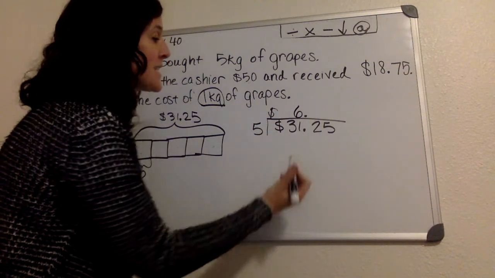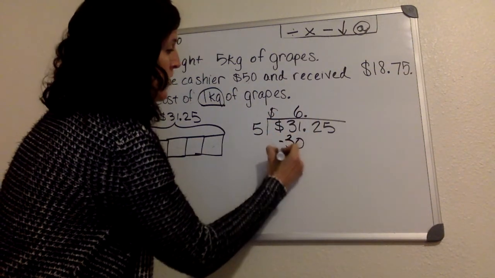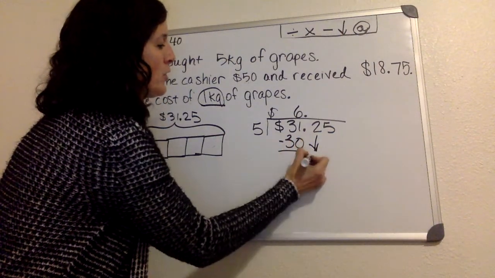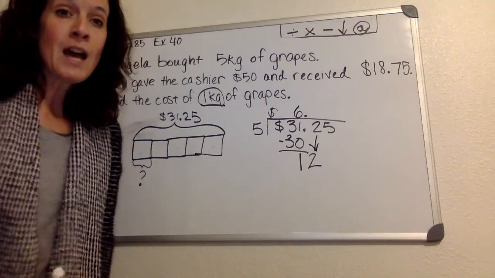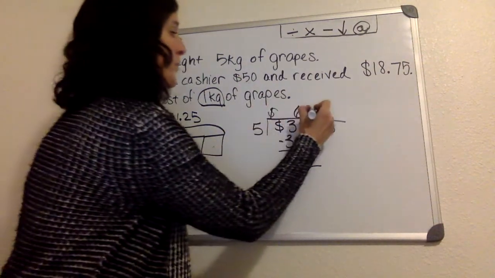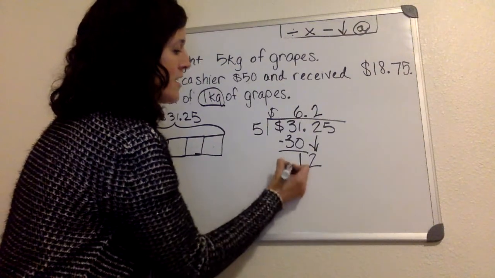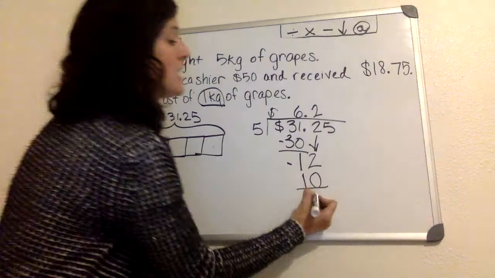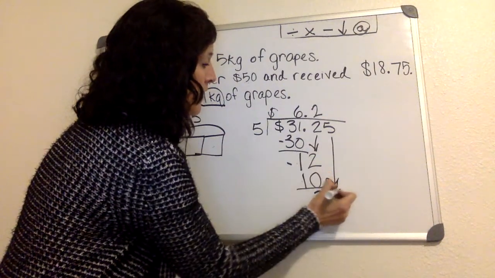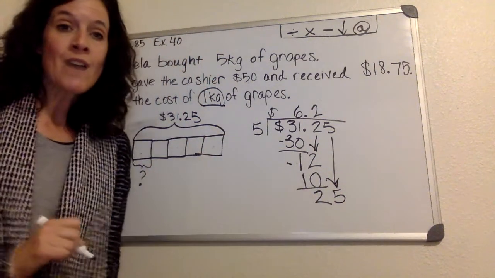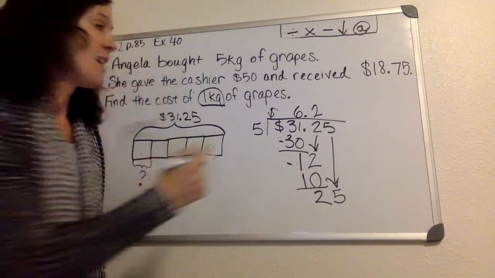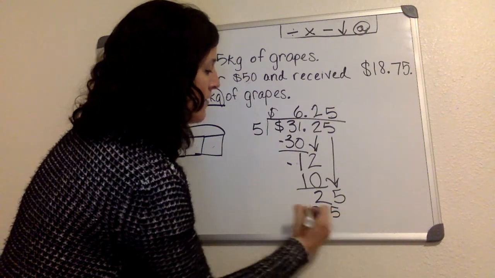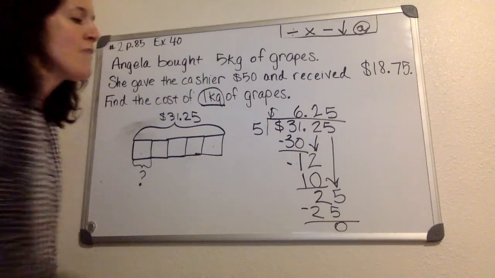6 times 5 is 30. 31 minus 30 is 1. Bring down the 2. 5 goes into 12. How many times? 2. 5 times 2 is 10. 12 minus 10 is 2. Bring down my 5. 5 goes into 25. How many times? 5 times. 5 times 5 is 25. 25 minus 25 is 0.